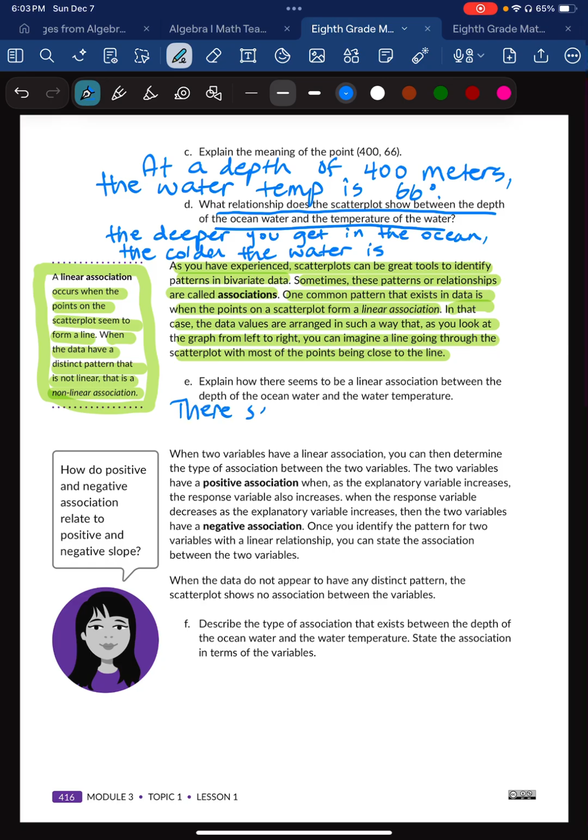There seems to be a negative slope. Decreasing line. So, as you write what I'm writing, please think about what that means, that there is a negative slope.